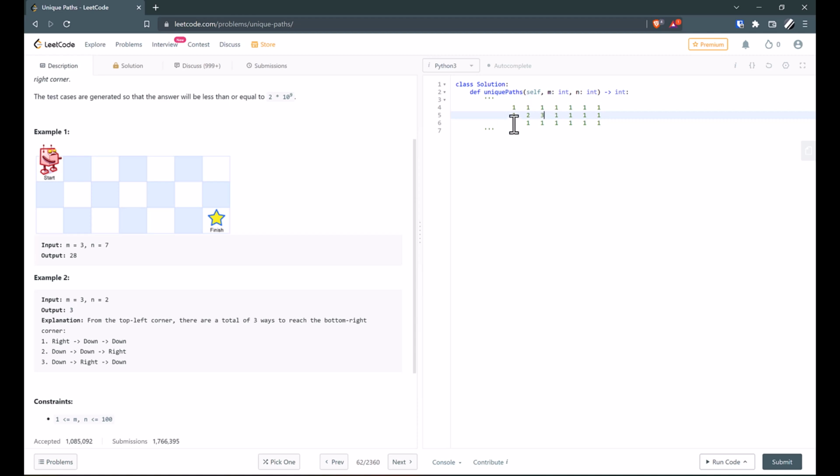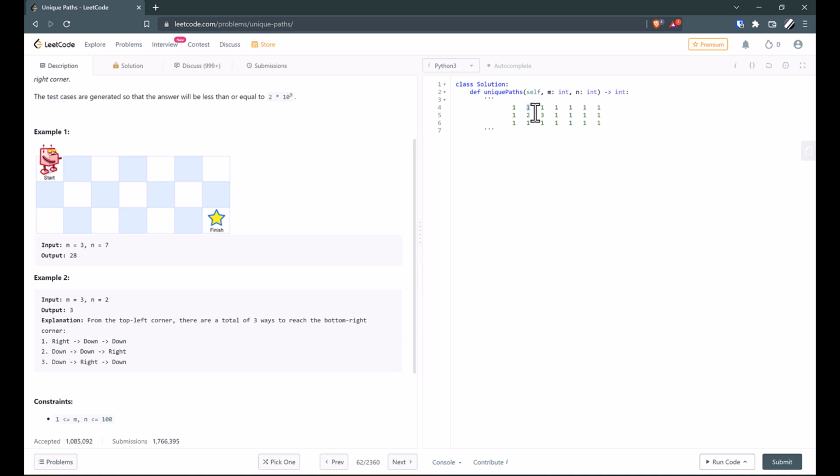We already have an example that tells us what the answer would be. Just starting with this, I can see a pattern: the number we are looking for is the sum of the previous row, same column, and the same row, previous column.